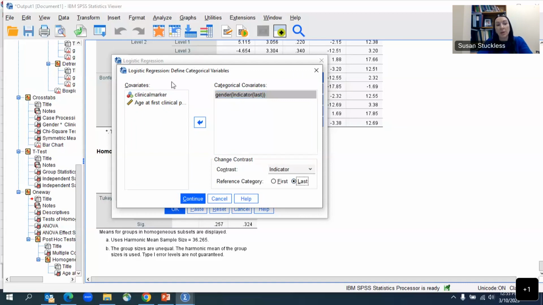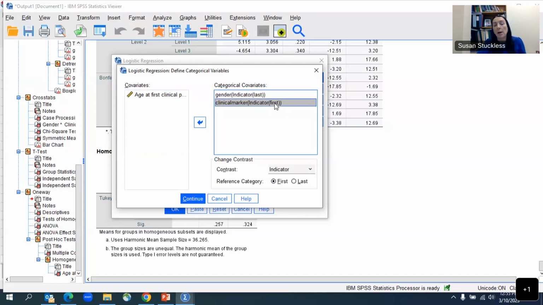So for the next one, say clinical marker, that has 3 levels, which is 1, 2, and 3, how it's coded. The problem is, the more categories you have, you can only have the reference category be the first or the last one. That's the limitation with doing it this way.